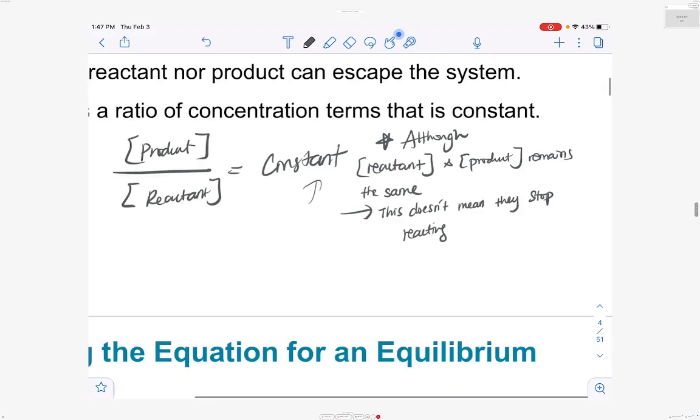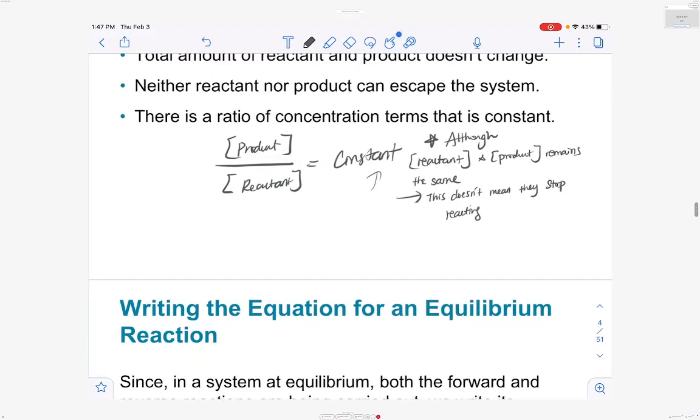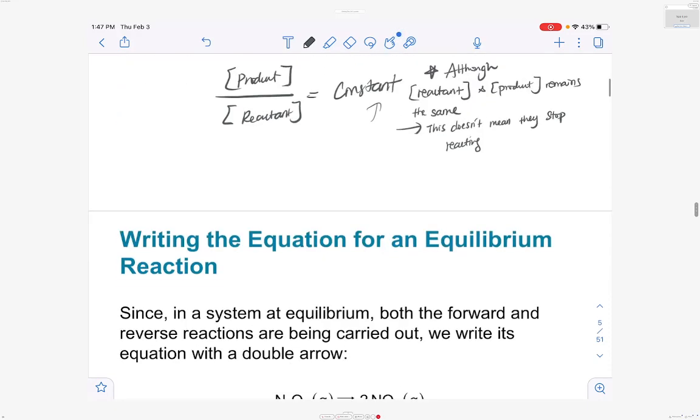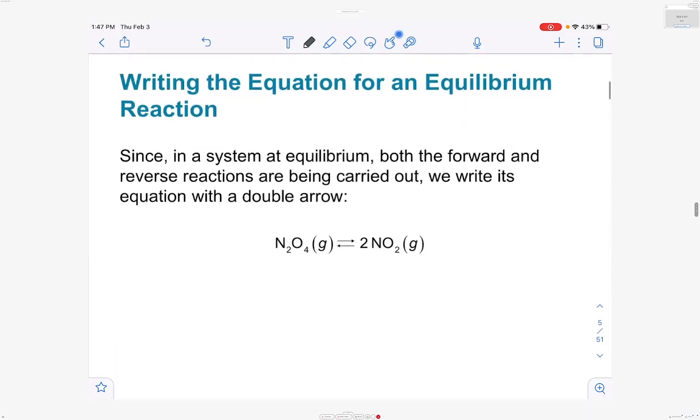The system is in constant action. The reaction from the reactant side and the reaction from the product side is constantly going on, and that's why it's called dynamic equilibrium.